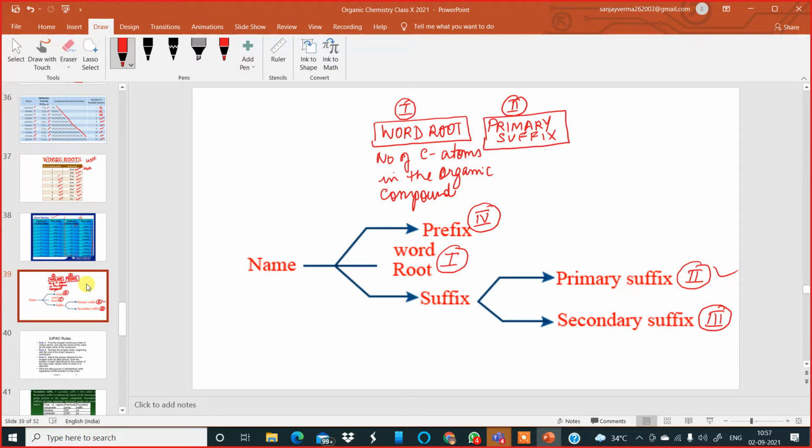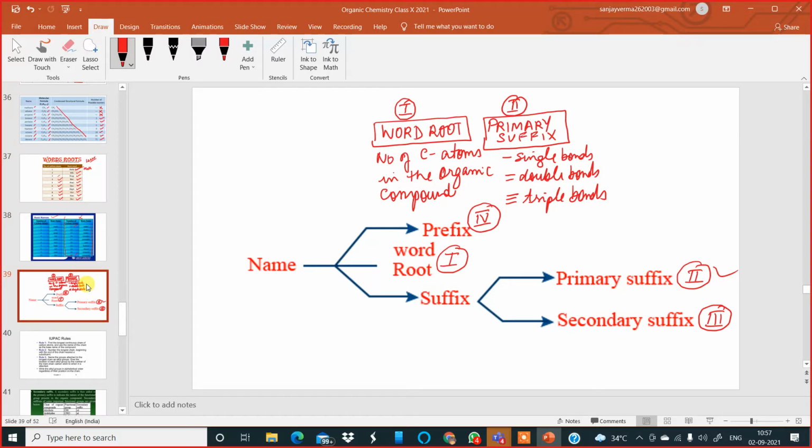Now, what information does the primary suffix give us? It tells us about saturation and unsaturation, which means it tells us about single bonds or double bonds, or presence of a triple bond in the organic compound.